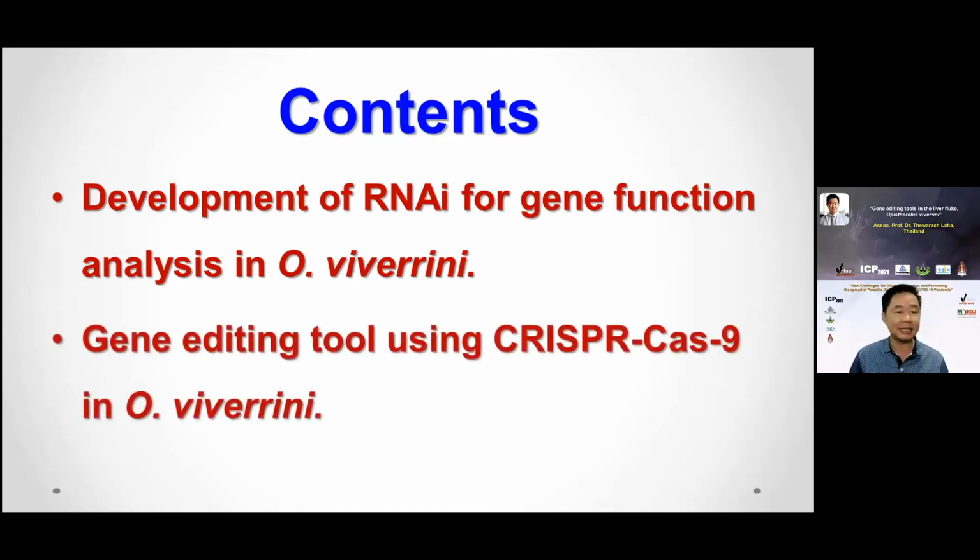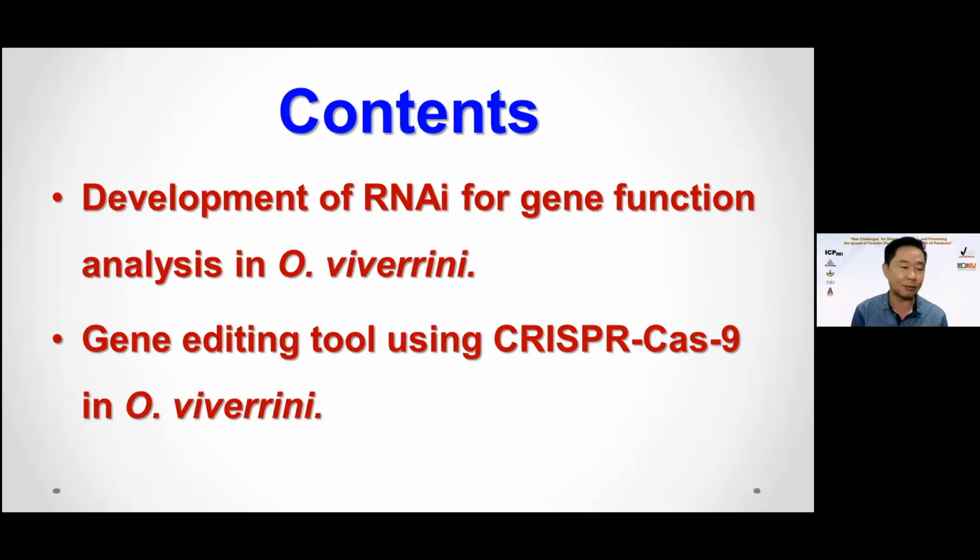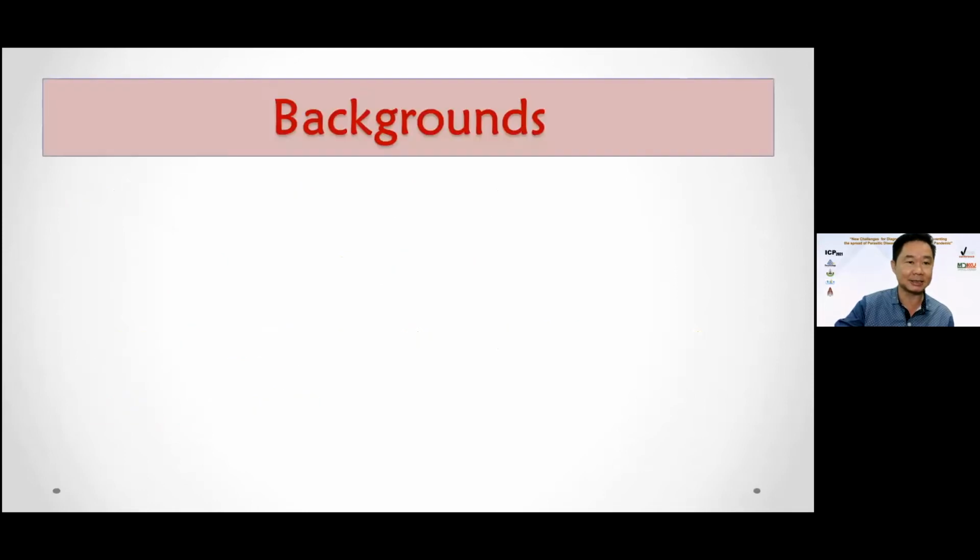Recently, the gene editing tool using CRISPR-Cas9 is a new technology that was just awarded the Nobel Prize. We also did experiments using CRISPR-Cas9 gene editing in Opisthorchis viverrini. So the major content deals with two techniques that I have been using in my research.